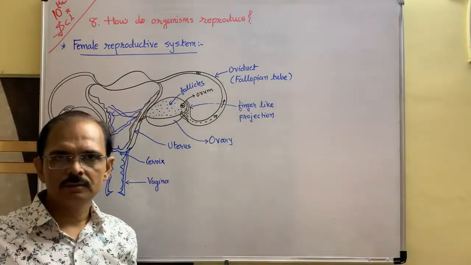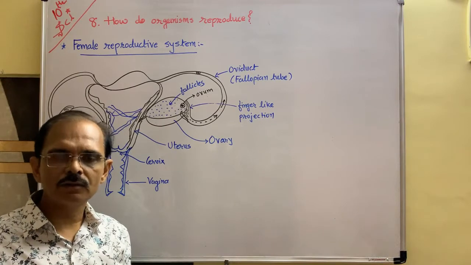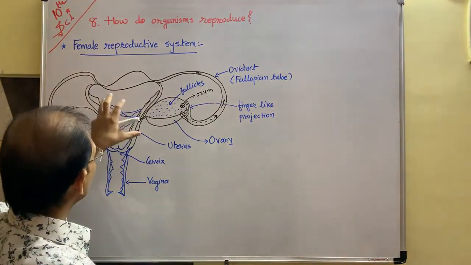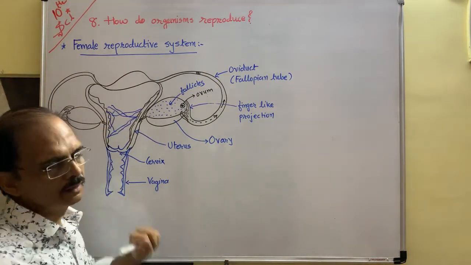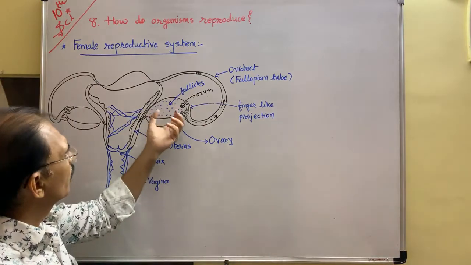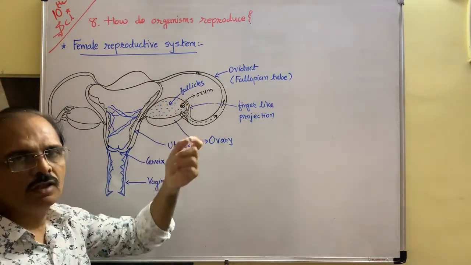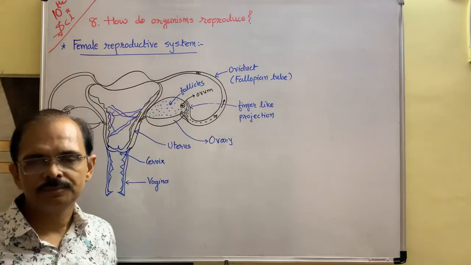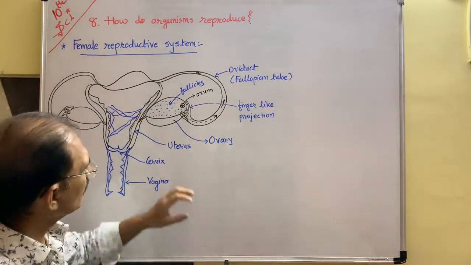Every month, after every 28 to 30 days, this type of situation occurs in the uterus. Okay? Formation of the ovum is called the maturation period.